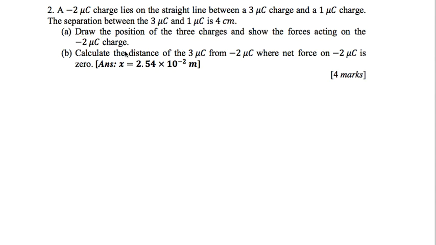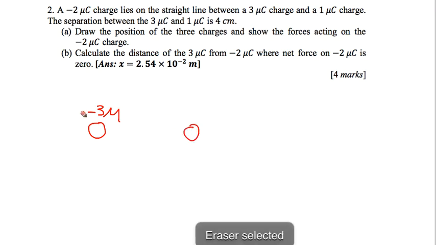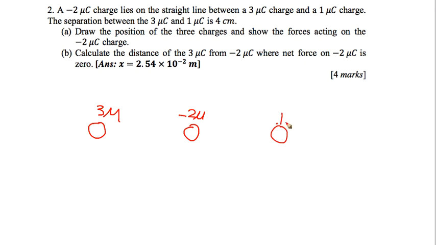Number B, calculate the distance of the 3 microcoulomb charge from the negative 2 microcoulomb charge. So this is the 3 microcoulomb charge, positive, and this is the negative 2 microcoulomb, and this is the 1 microcoulomb charge.